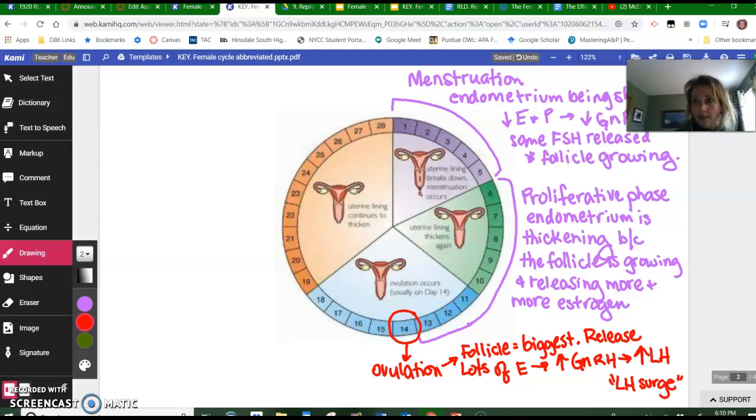Now, with ovulation, we get another thing that's going on. We get the formation of the corpus luteum, which I will abbreviate as CL, corpus luteum. I'll just write it down here.